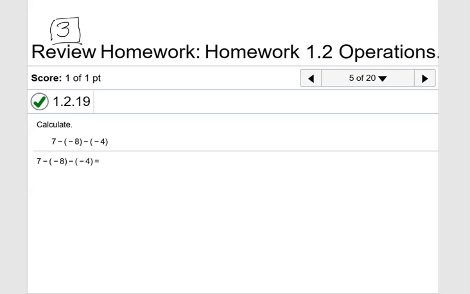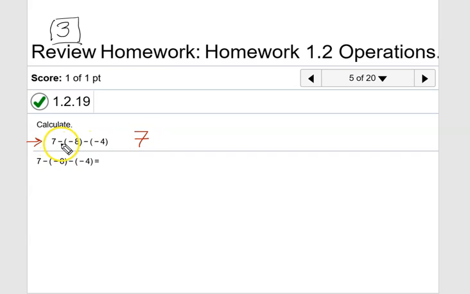Now in your notebook, you're going to write number 3. And it's this statement here. And here we have to get rid of our parentheses and do some calculation. So give it a moment and let's see what you get. All right, so we have a 7.